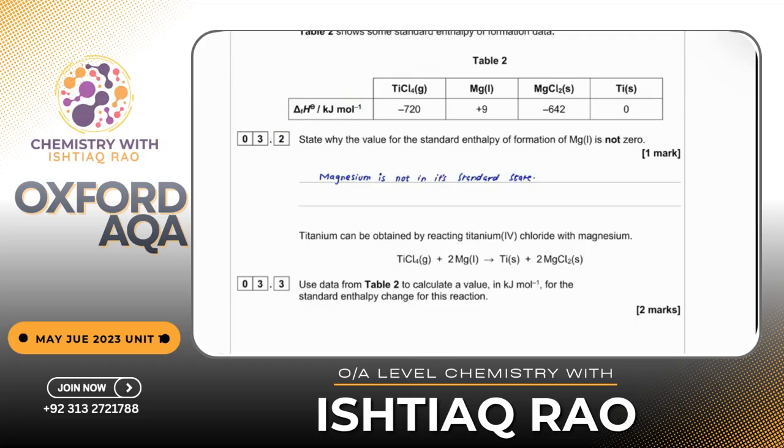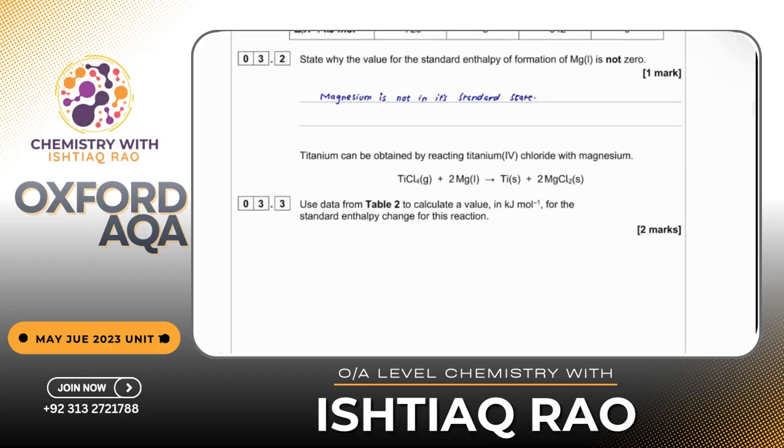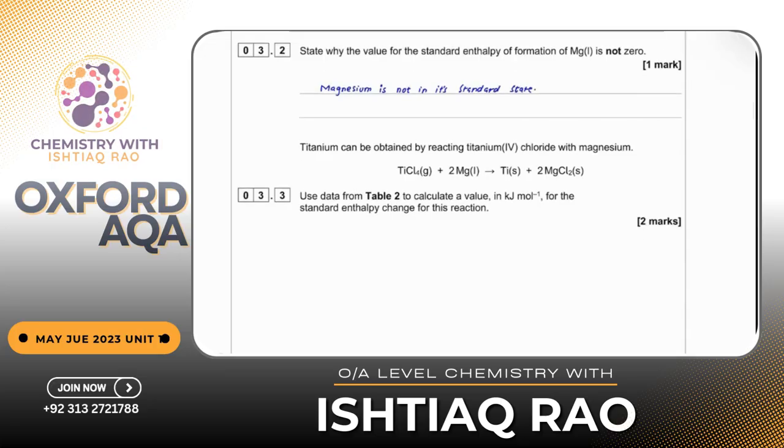If the data of combustion is given, the formula would be reactant minus product. So we have to see what type of data is given. I'm going to apply product minus reactant.